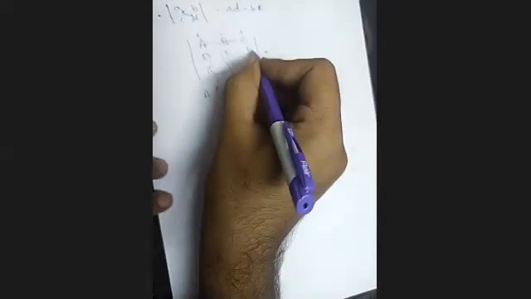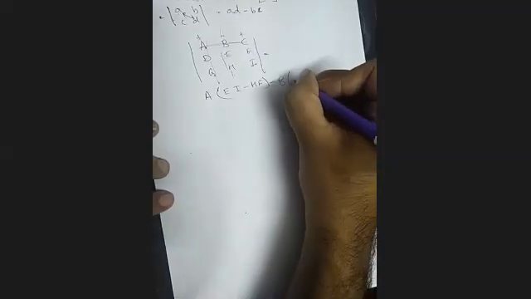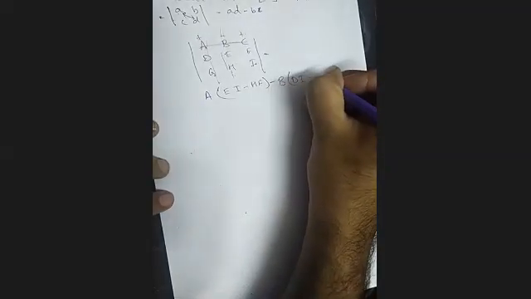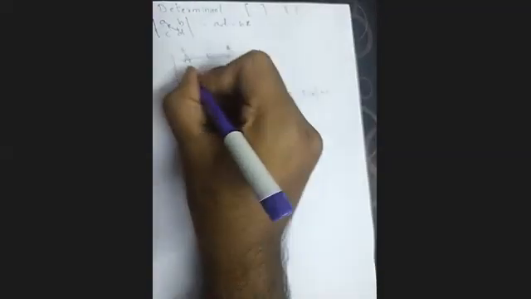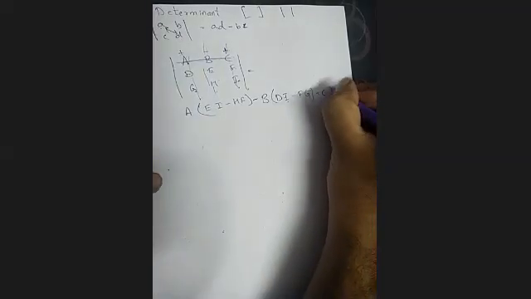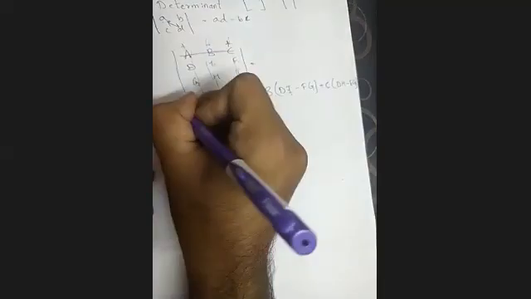You get B into DI minus FG. Then it's plus. So plus C. Remove this row and this column. What is left? DEGH. So C into DH minus EG. So this will be the determinant of your matrix.